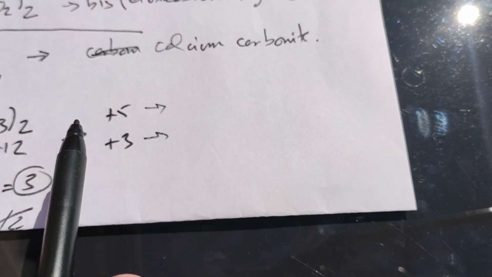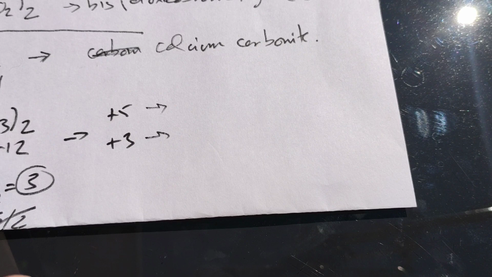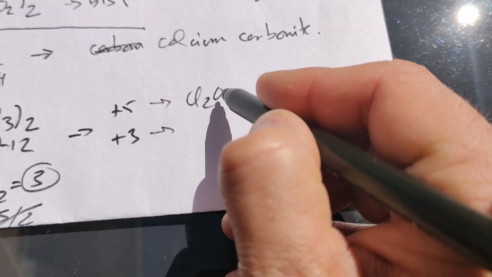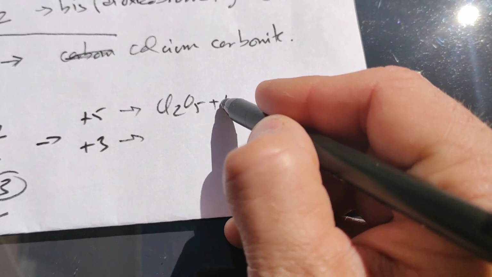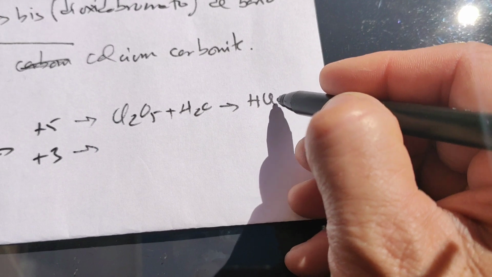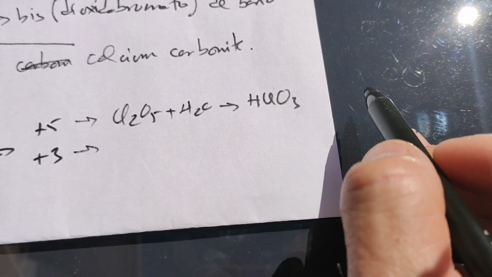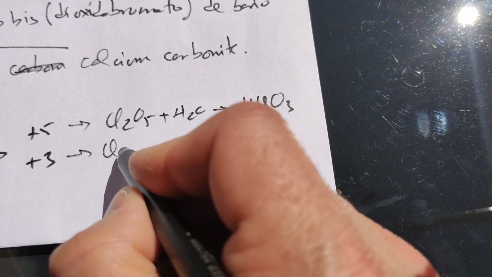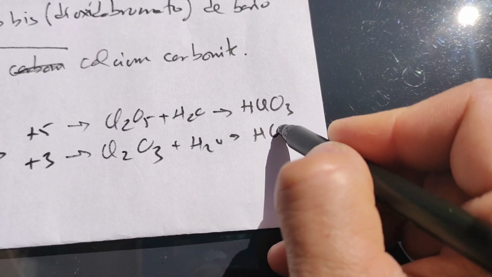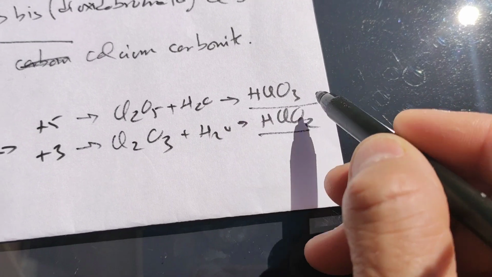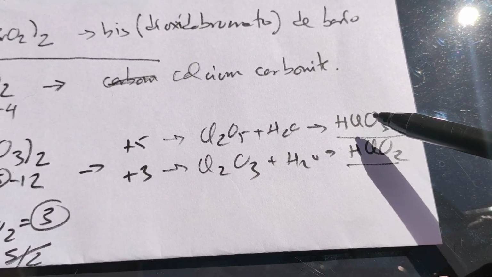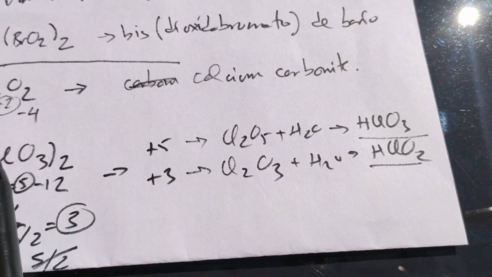Then one of them is very similar to the anion, the other no. Then if we start with the chlorine, 5, and we do the acid plus water, we get finally HClO3 after simplification. And if we do the same with the other, with 3, we have the other acid that is HClO2.